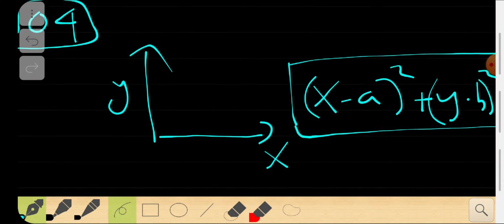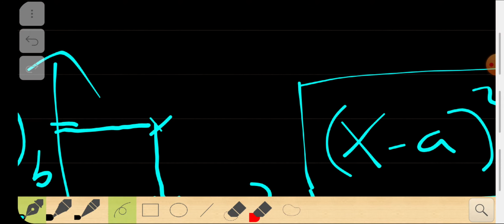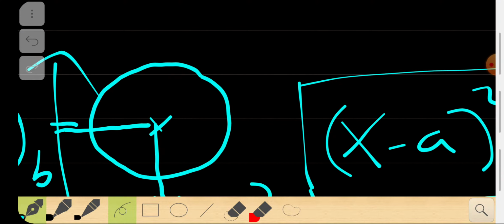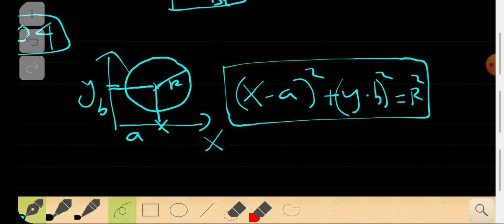It means the circle has an x intercept a and a y intercept b, and the circle has a radius r. So the center is around here, and it has a radius of r. It will look something like this, with a radius r. So that's the equation of a circle, and that's how the circle looks.